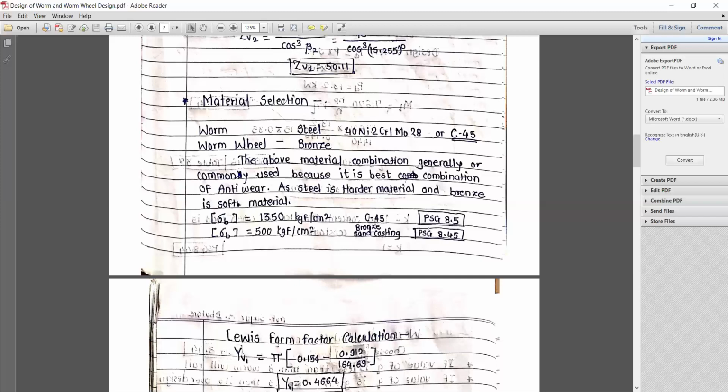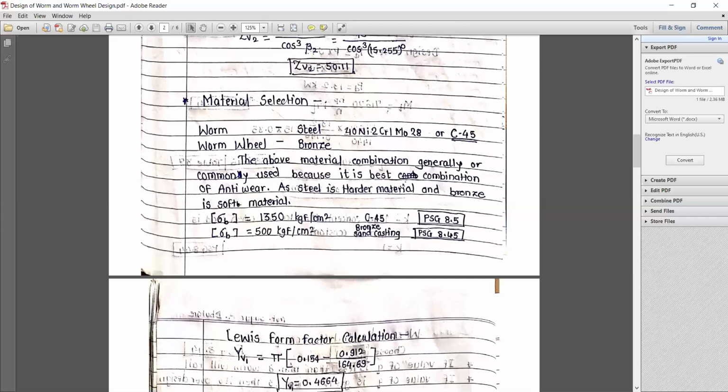Now next, why does the worm wheel always govern the design? It means that we start the design from the worm wheel design. As we discussed previously, the worm has a material of steel, and the worm wheel we are making from bronze material.